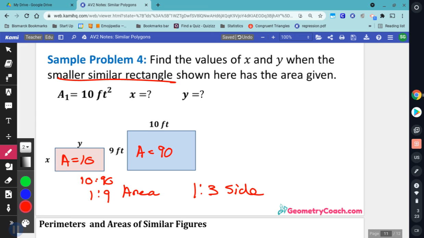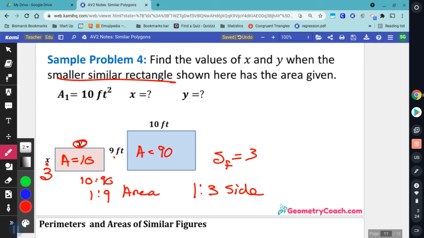So that means the pinkish shape, red shape, multiplied by 3 equals the blue shape. And if you're talking area, the pink shape times 9 equals the blue shape. So x is the easy one. What times 3 equals 9? Well, x has to equal 3. And then y is harder.